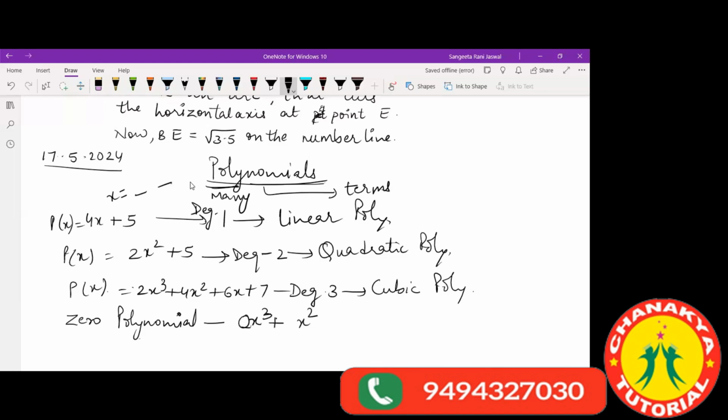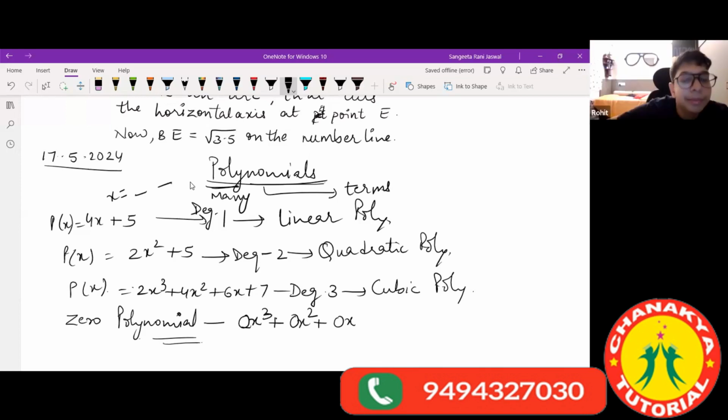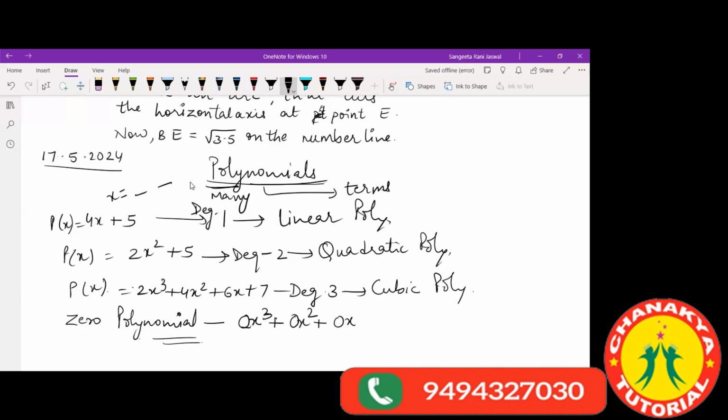Then we call such a polynomial a zero polynomial. Are you understanding? Yes, ma'am. And its degree is not defined. So the degree of a zero polynomial is not defined.